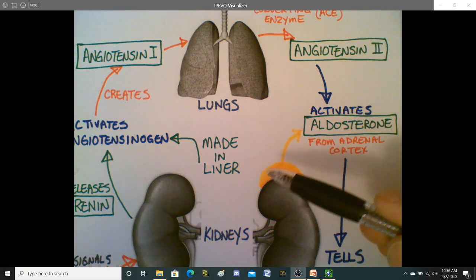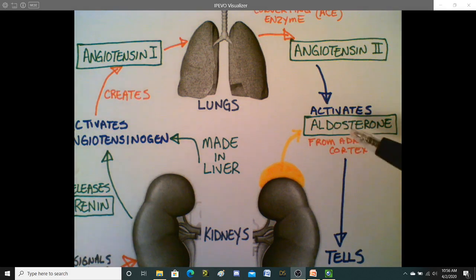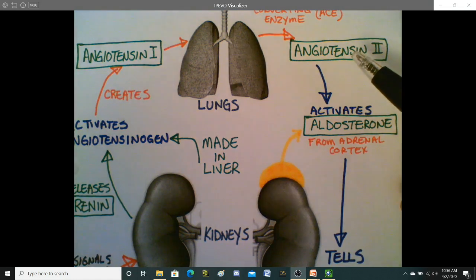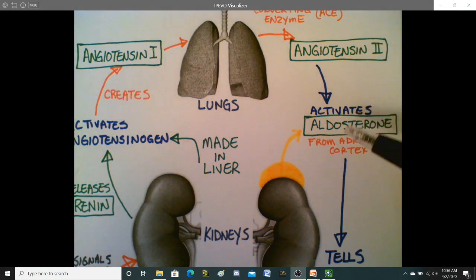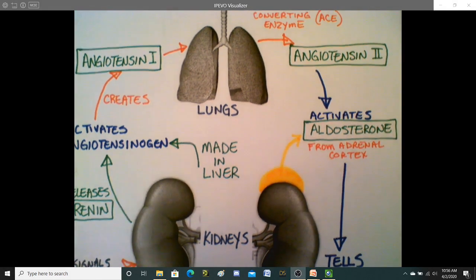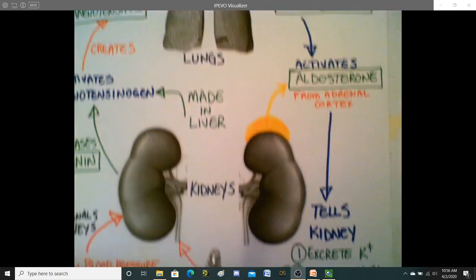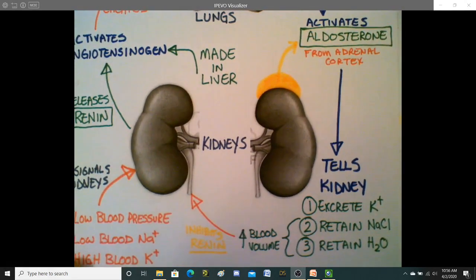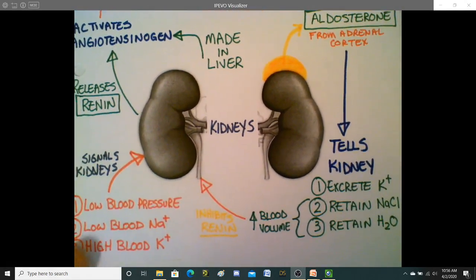So our adrenal glands are secreting aldosterone. Aldosterone is already in our bloodstream. It comes in contact with angiotensin 2, and angiotensin 2 activates the aldosterone. Now, after the aldosterone is activated, it is going to be telling our kidneys to regulate these three processes.